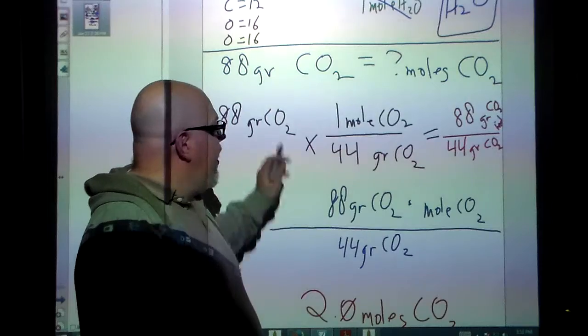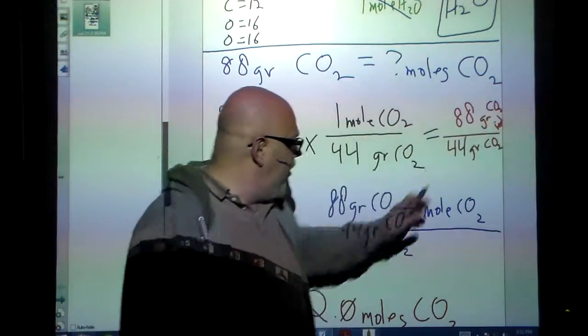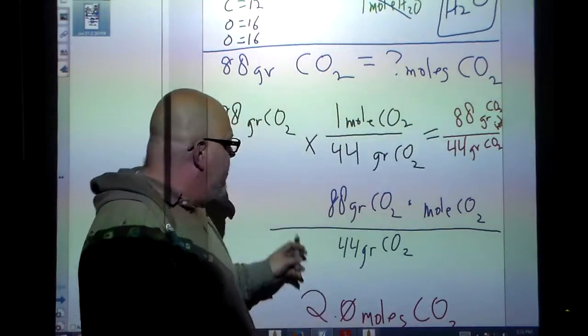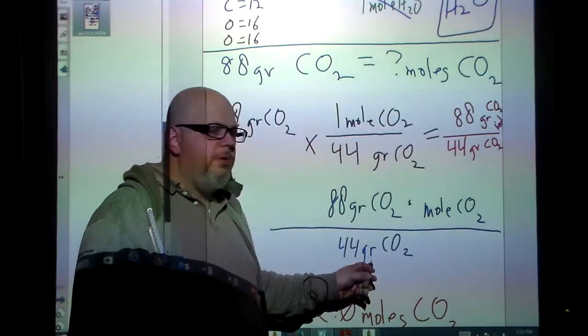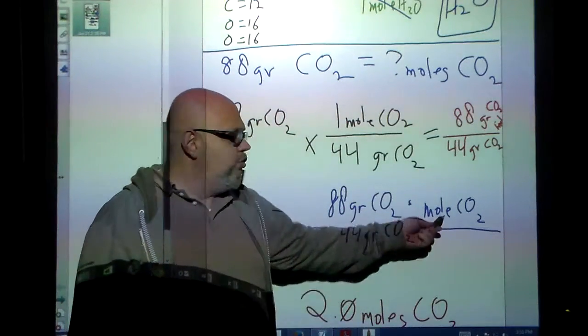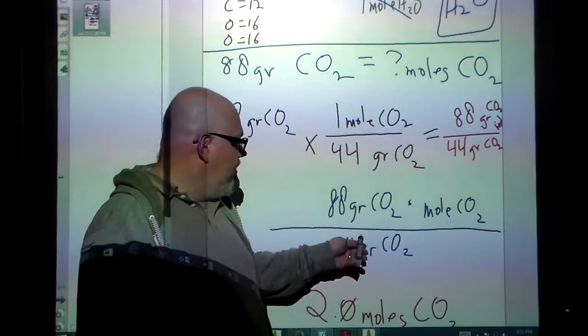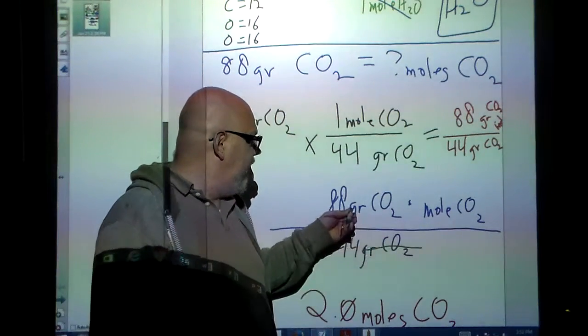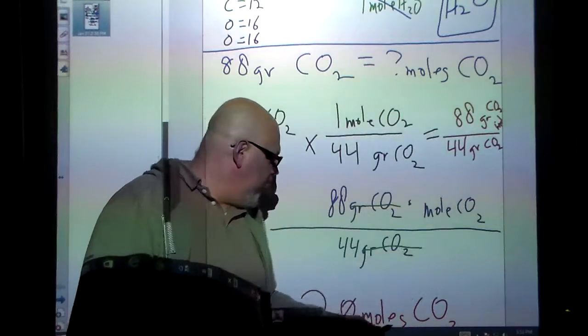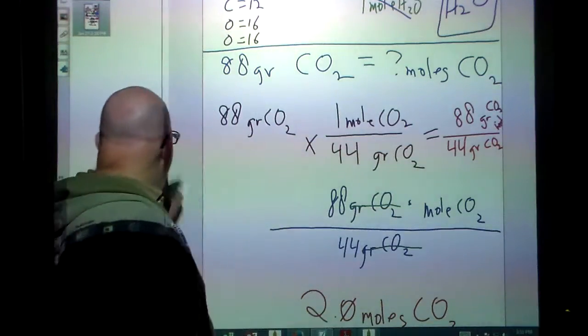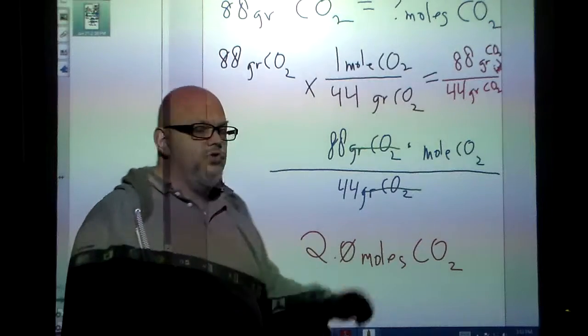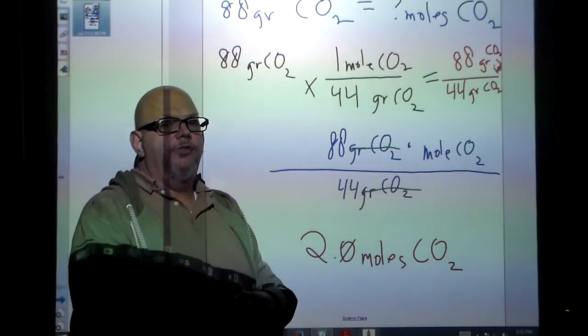That's when you know. And I multiplied it all the way out here so you can see this. This is the correct way. These grams should be canceling each other out, and we should be left with mole. That's it. Okay? So when the grams of CO2 cancel out like this, all we're left with is mole, and that basically is 88 divided by 44. That gives us 2 moles of carbon dioxide.